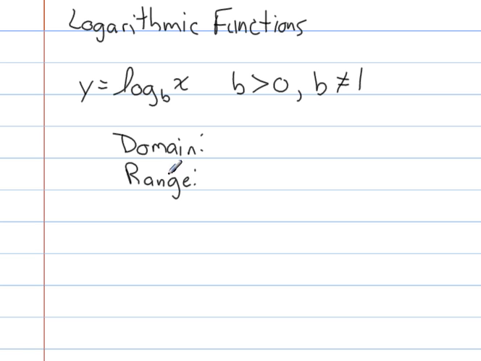Now, for your exponentials, your range was from 0 to infinity. So now my domain is from 0 to infinity. The domain of exponentials was all real numbers. So now my range for the inverse of it, which is the logs, is all real numbers. So from negative infinity, I always forget to put my negative first, to positive infinity.